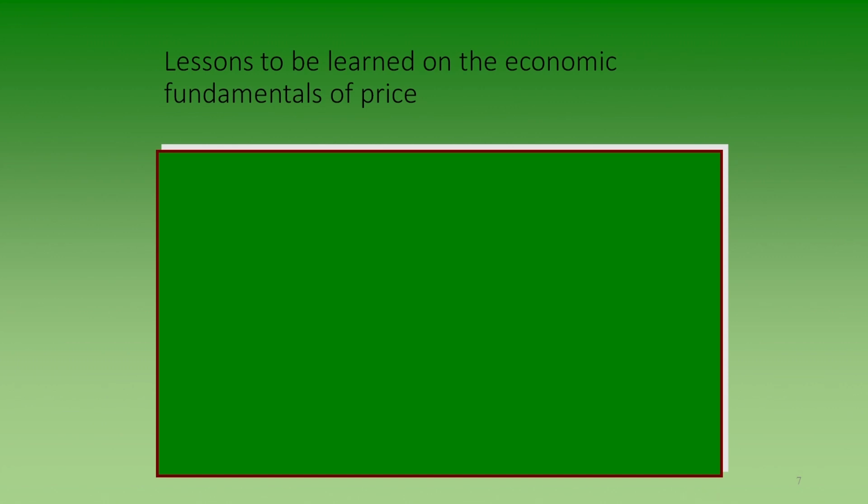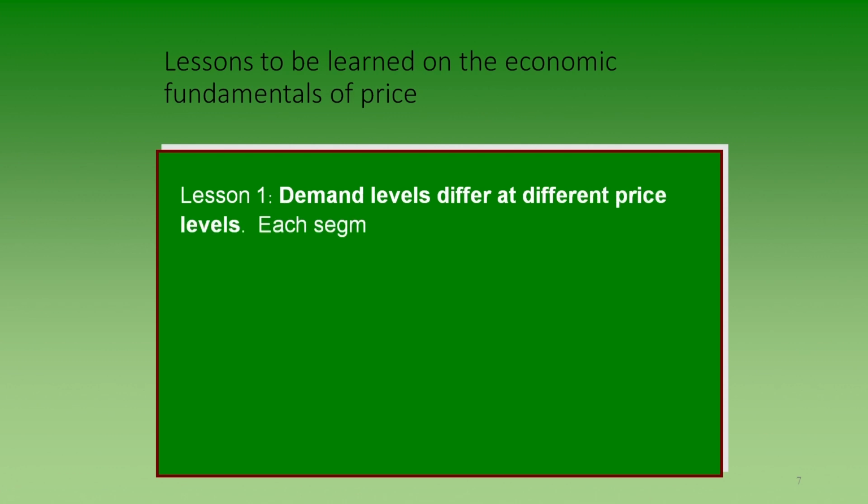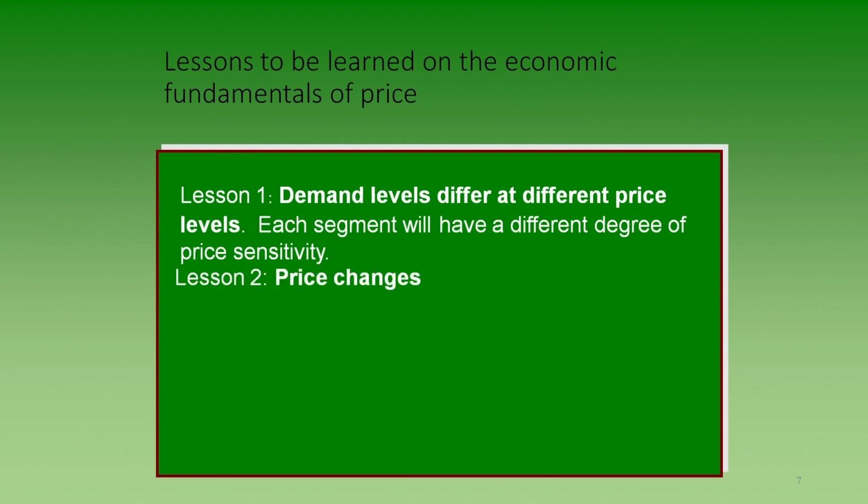So, the lessons that can be learned from the economic fundamentals of price: lesson 1 is that demand levels differ at different prices. Each segment will have a different degree of price sensitivity. Some items, as we said, are more elastic and some segments may be less elastic, and in the same way the demand will also determine the degree of price sensitivity.